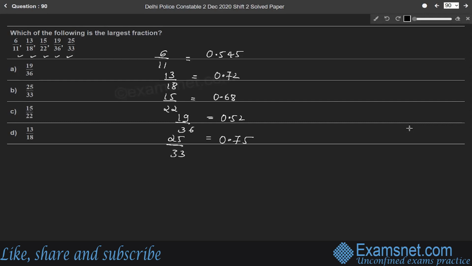Right? So here compare the values. 0.75 is the largest. So the corresponding fraction is 25 by 33. Hence, option B, 25 by 33 is the largest fraction.